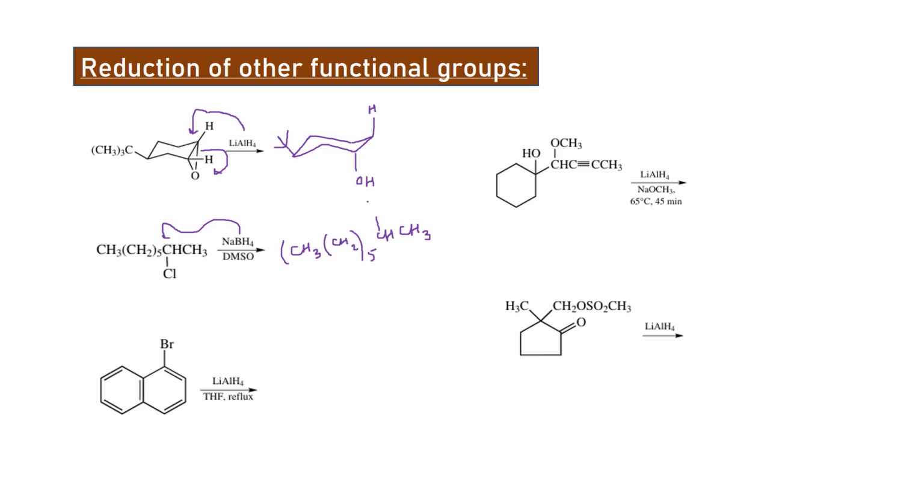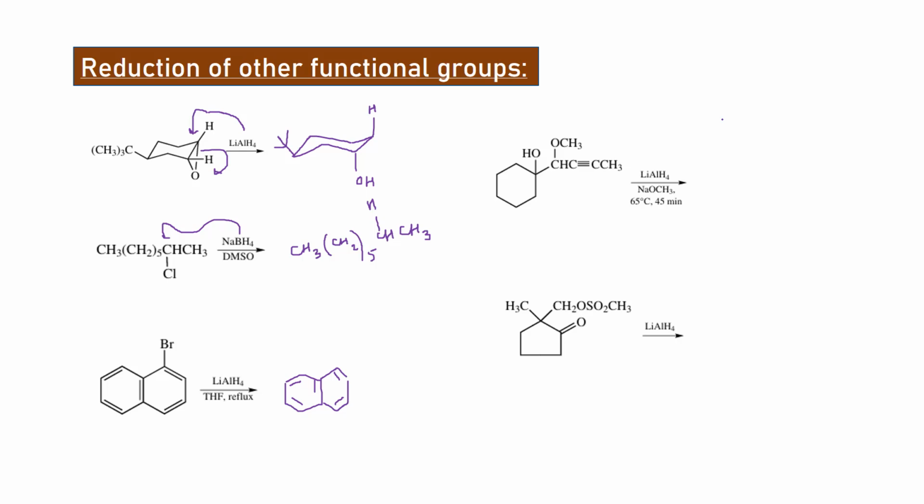The halide will be substituted by the hydrogen atom. Next, if you are given this type of bromonaphthalene and add LiAlH4, it can substitute this bromide from the system also, and you will get simple naphthalene.